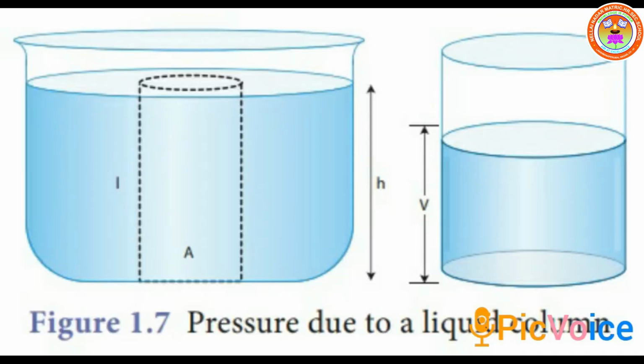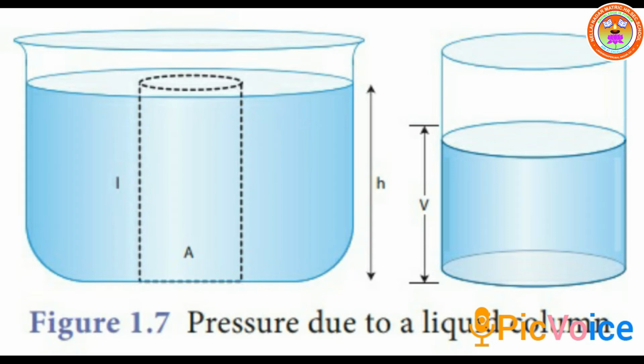Let me pass on to the next topic, which is pressure due to a liquid column. Consider a tall beaker filled with liquid so that it forms a liquid column. The area of cross section at the bottom is A, that is, capital A is the area.